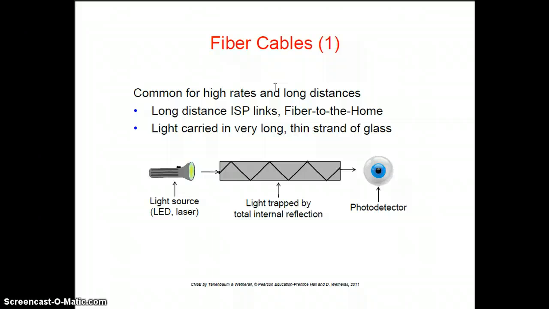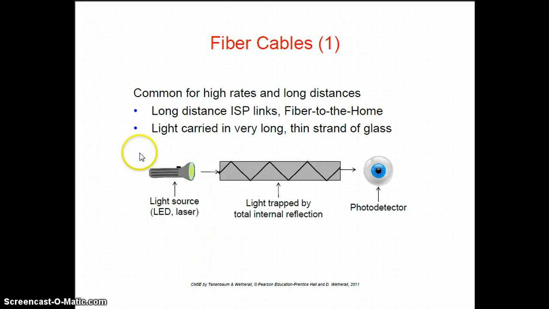Fiber cable is the most common long distance communication right now, with very high bandwidth such as gigabit per second and very low error rate, 10 to the minus 11 to 10 to the minus 13. It means long distance internet service provider links, fiber to the home, and the light is carried on a very long thin strand of glass.